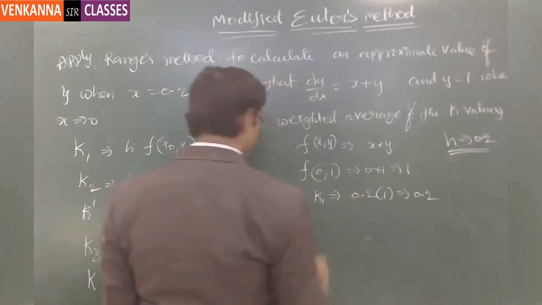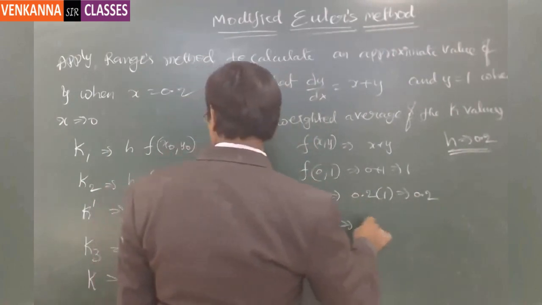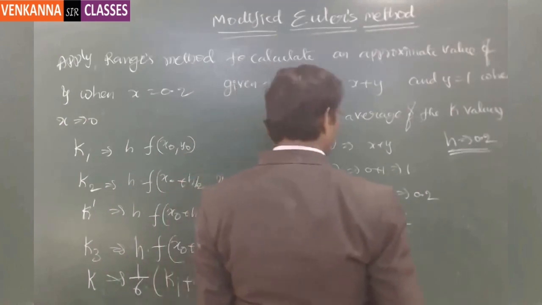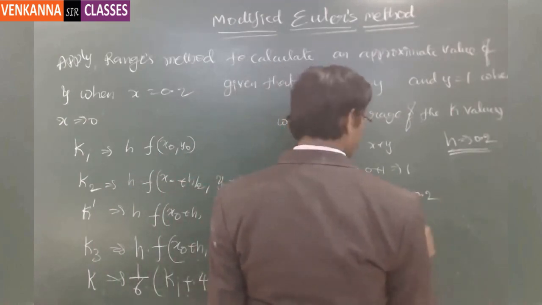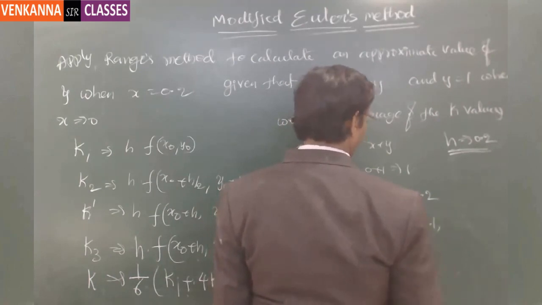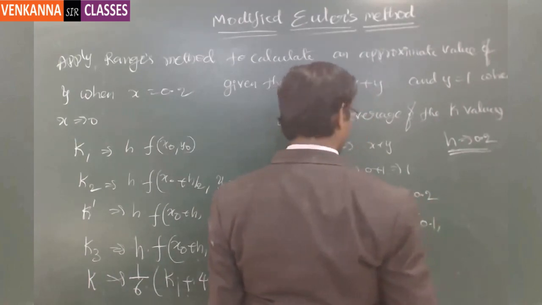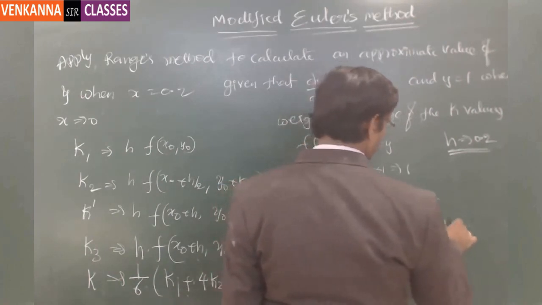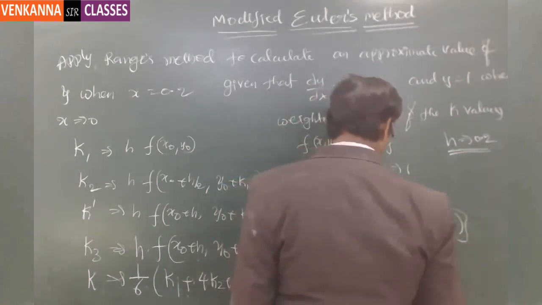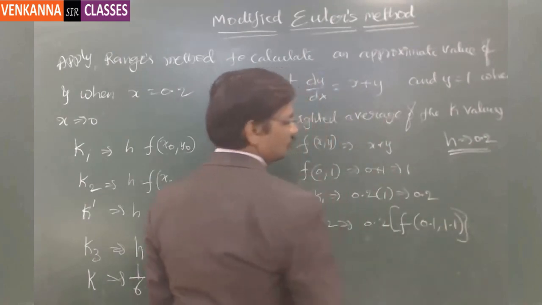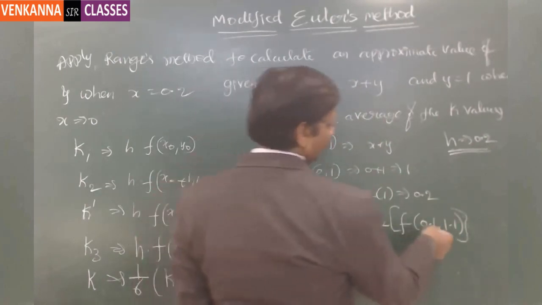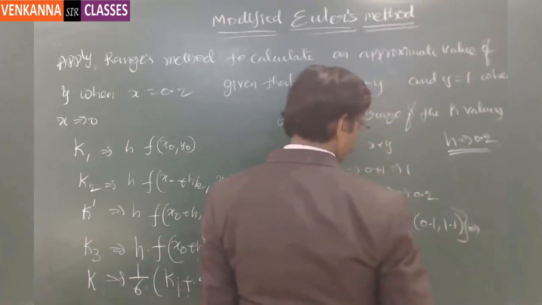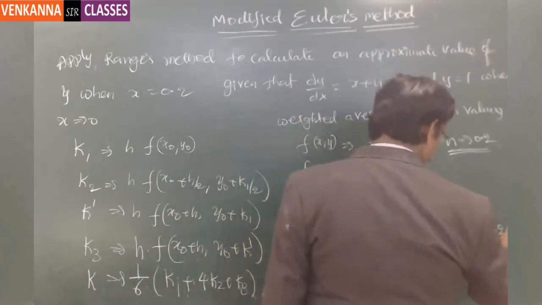Then k2 is 0.2 times f of x naught plus h by 2, so 0 plus 0.1, and y naught plus k1 by 2, so 1 plus 0.1, which is 1.1. The sum of these two is 1.2. So 1.2 into 0.2 is 0.24.